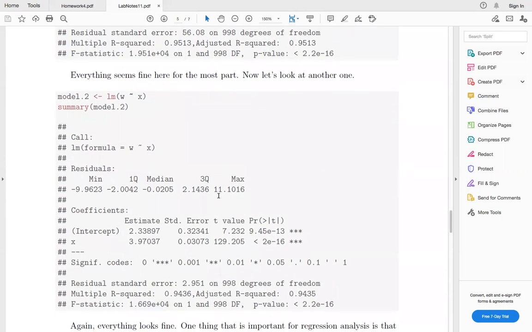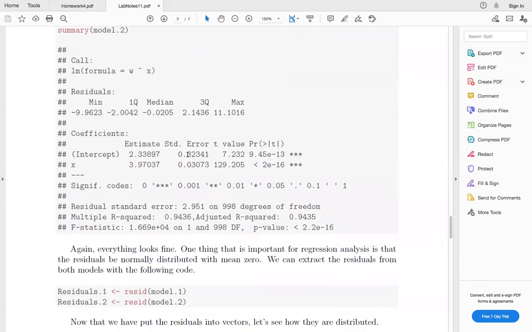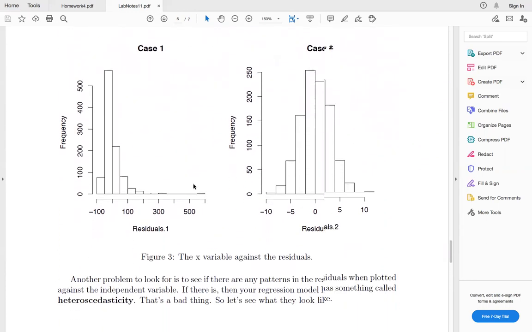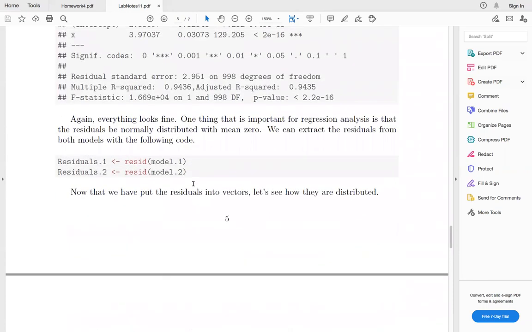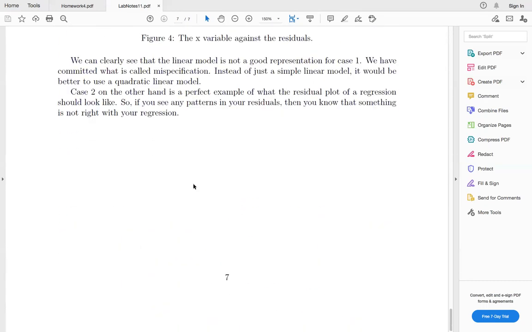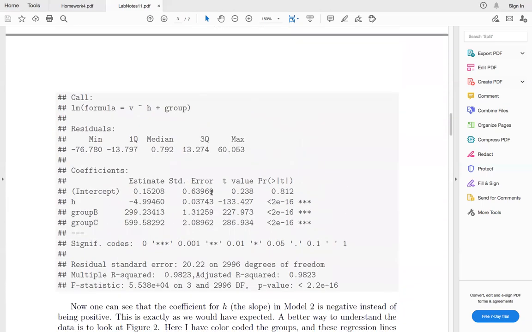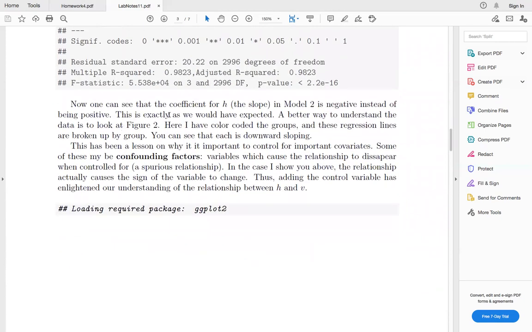So it's still just 1. Yeah, see, I'm not seeing anything else. There was just this where he controlled for the groups. Now you can see there's negative instead of positive, exactly what you expected. Better way to understand data.